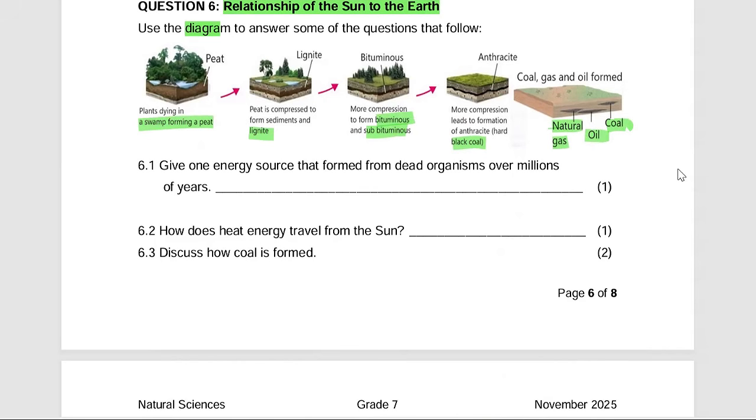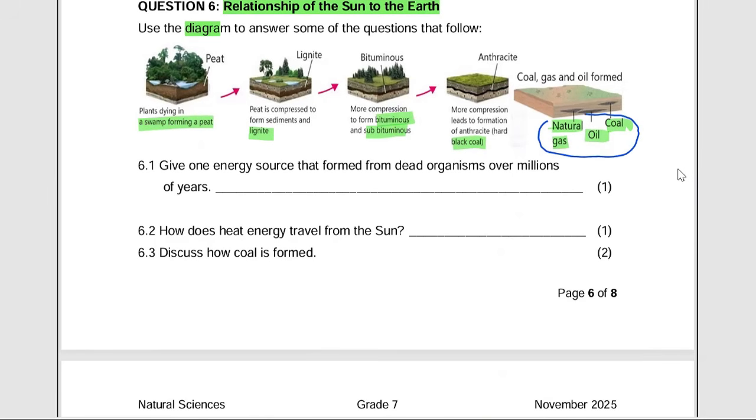Now they're saying give one energy source that formed from dead organisms over millions of years. We're going to take all these as our answers, but we just need one. You can say natural gas, or oil, or coal.